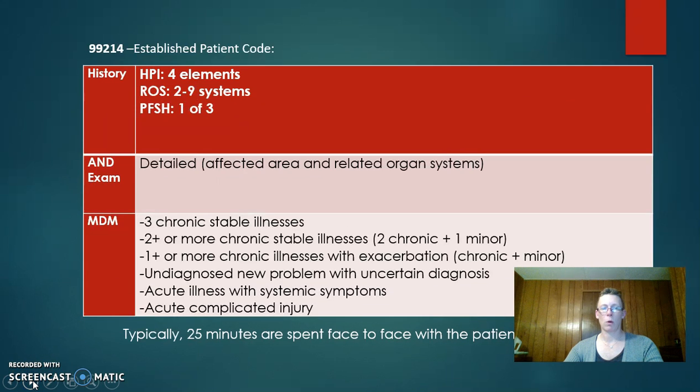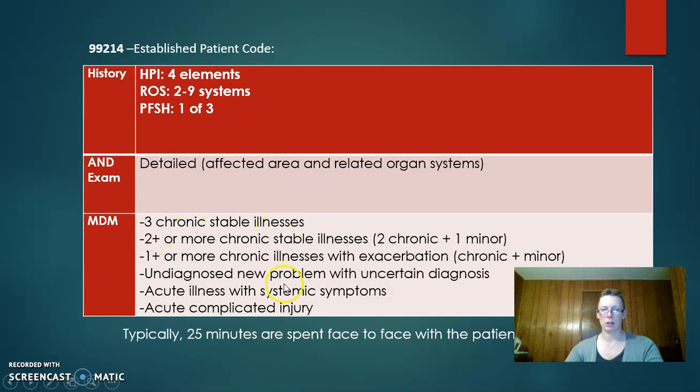Again, we're getting a little bit more extensive. 99203. 4 elements of the HPI. Review of systems, 2 to 9 systems. And in your past, family and social history, one of the 3 is positive.